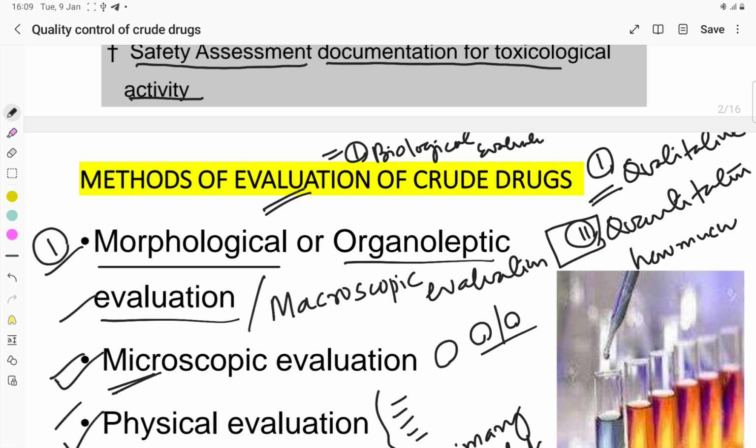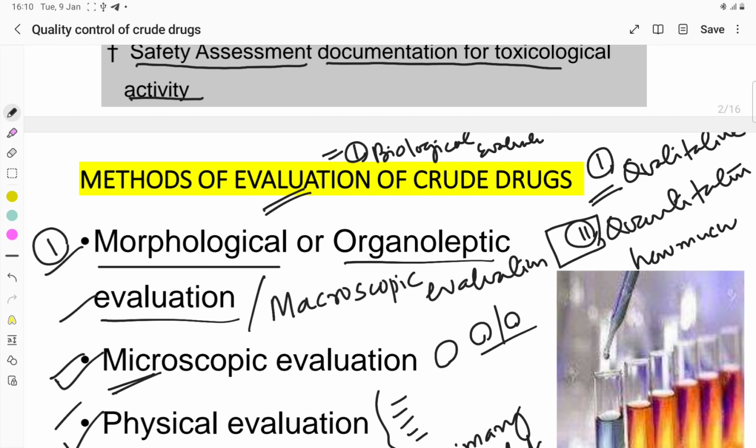Biological evaluation is also called bioassay. Many types of bioassays are available that are useful to identify the purity, quality or toxicity of the drugs.